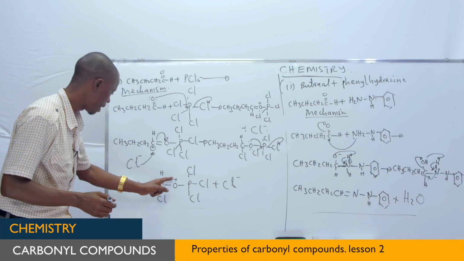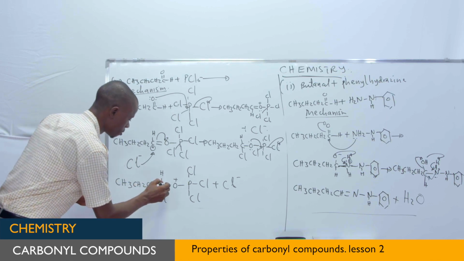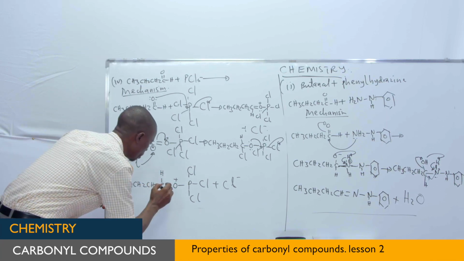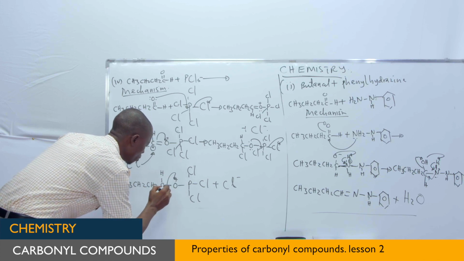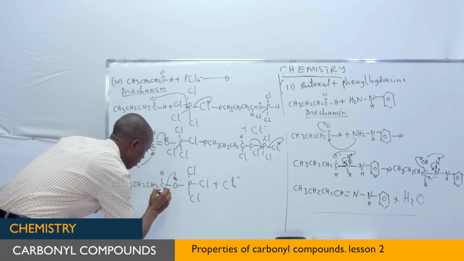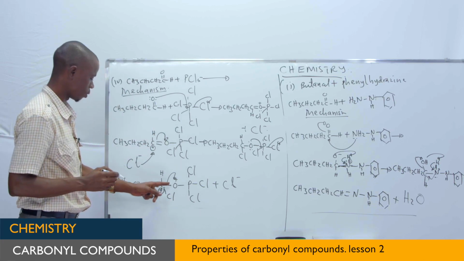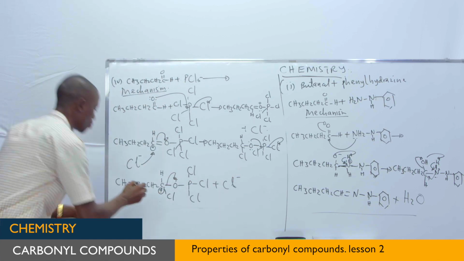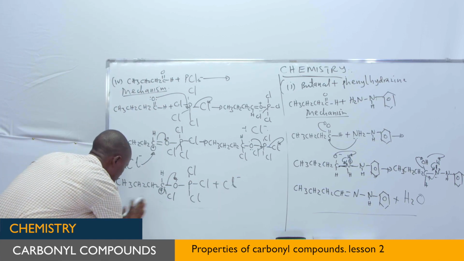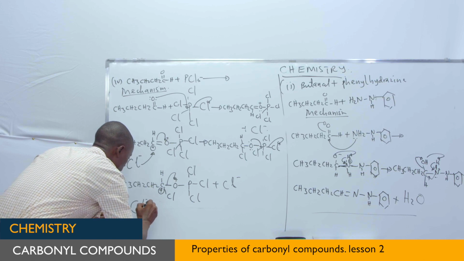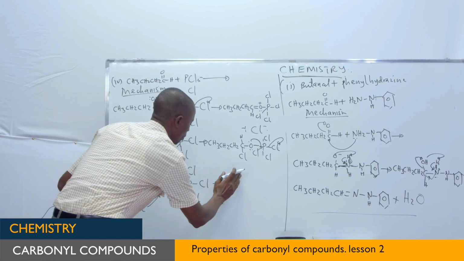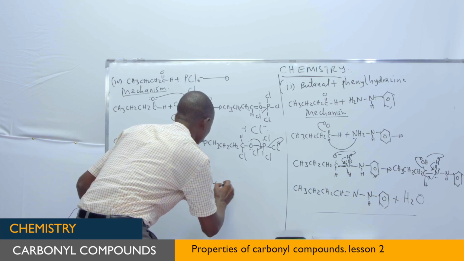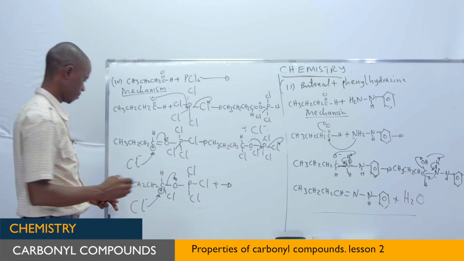Now what will happen? To stabilize this one, this bond will break. When it breaks, the electrons will be taken here. This will be negatively charged. This one is positively charged, sorry, because it loses the electron. Now this chloride ion formed will come and attack this one to stabilize this positive charge. So at the end, we are going to form the following product.